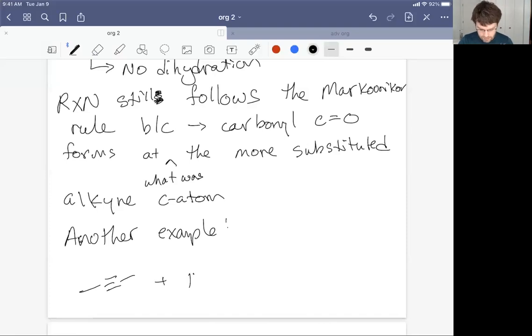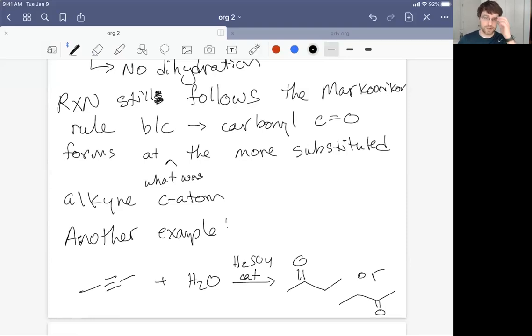So I could react that with H2O in the presence of H2SO4 as a catalyst. I won't go through the mechanism, but you could draw this or this. They're the same product because we have a methyl group on either side of the alkyne carbons, 4 carbons total. So in the product, there's an ethyl group on one side and a methyl group on the other side, and it's the same product in either case.